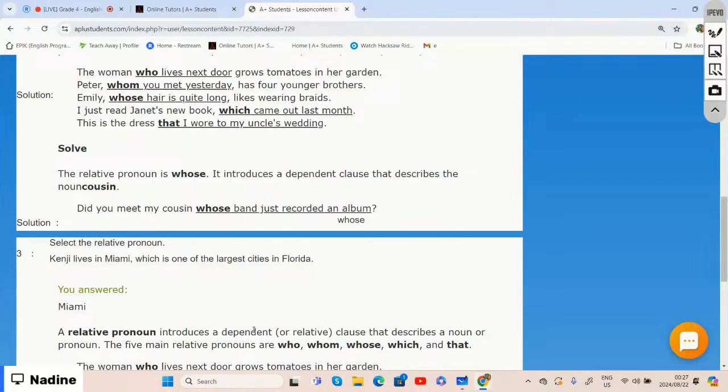What is our relative pronoun within that sentence? We need to find the relative pronoun in that sentence.